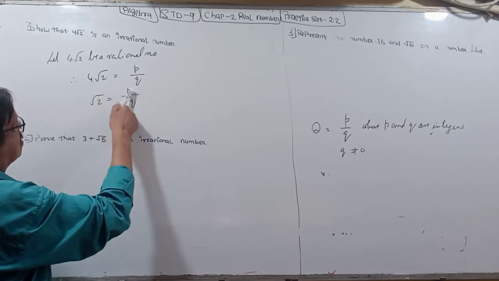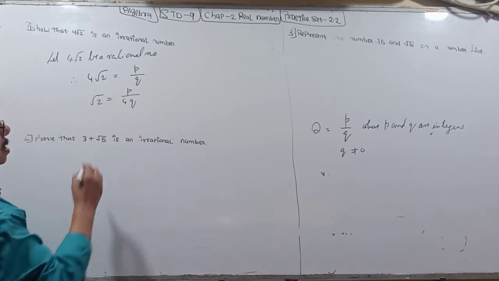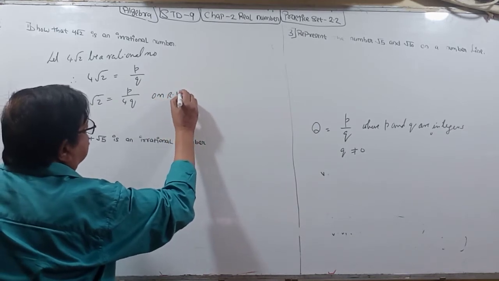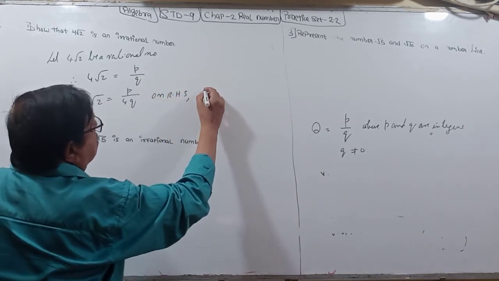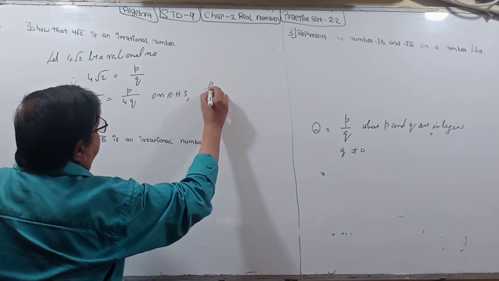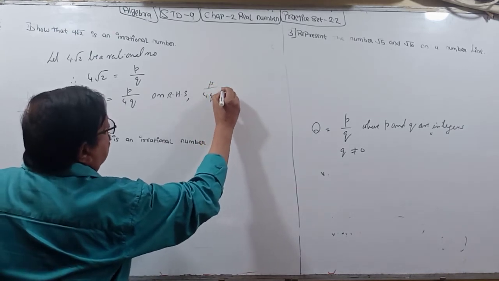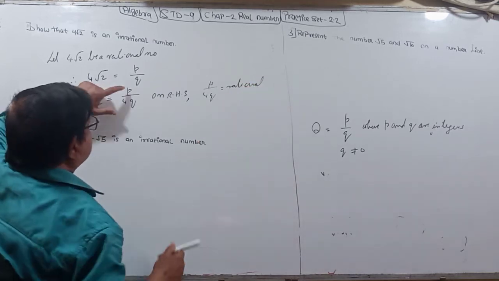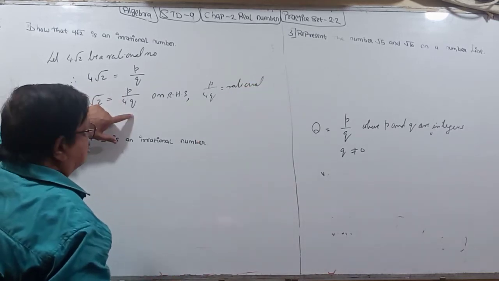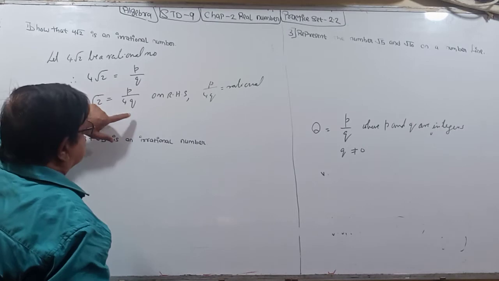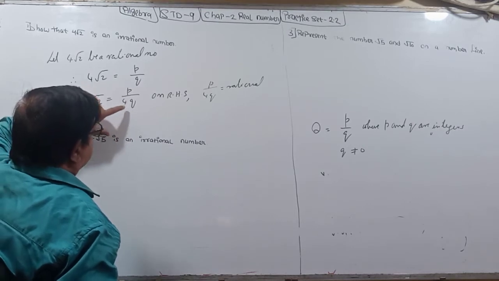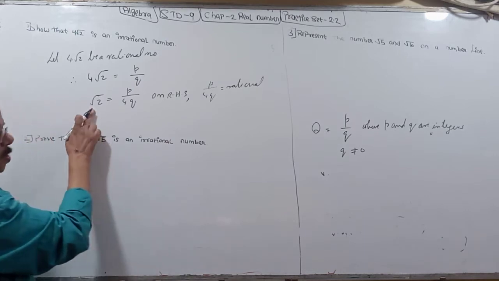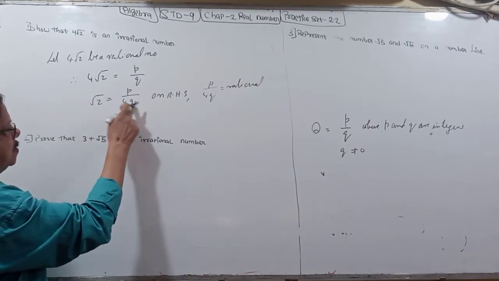We divide both sides by 4. Now on the RHS, p upon 4q is a rational number, because p and q are integers and q is not equal to 0. Root 2 is an irrational number and this is a rational number.